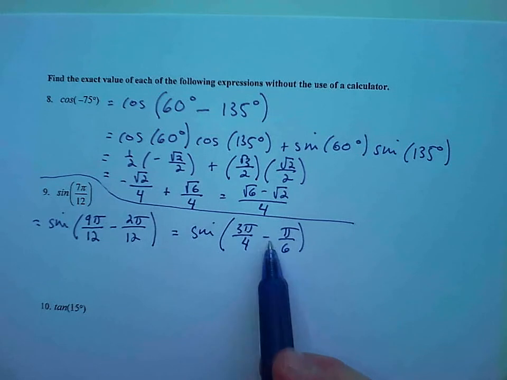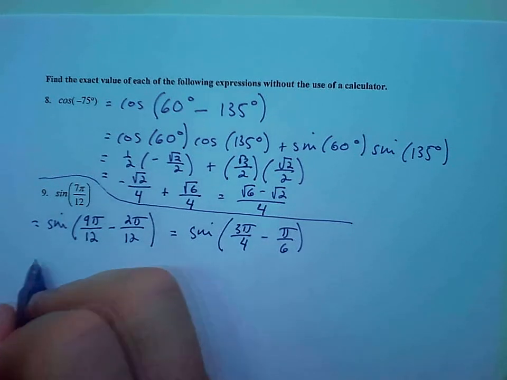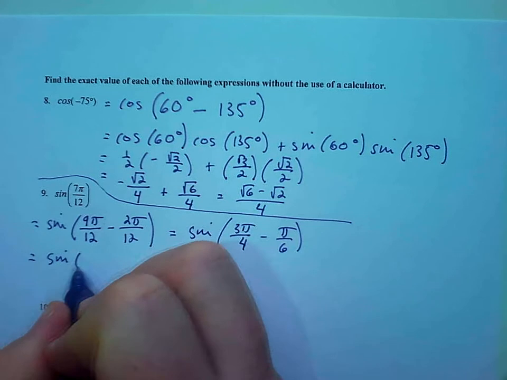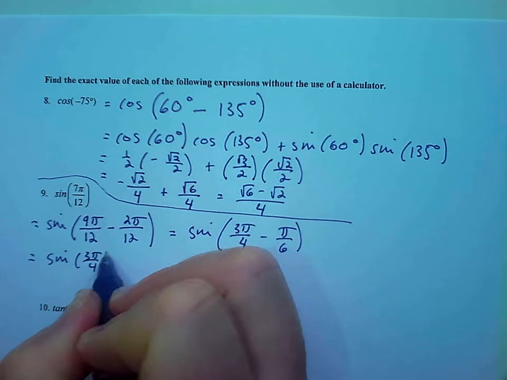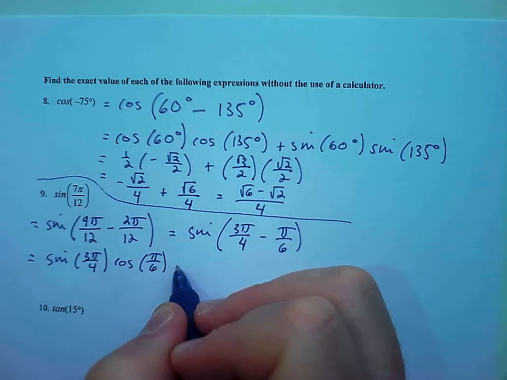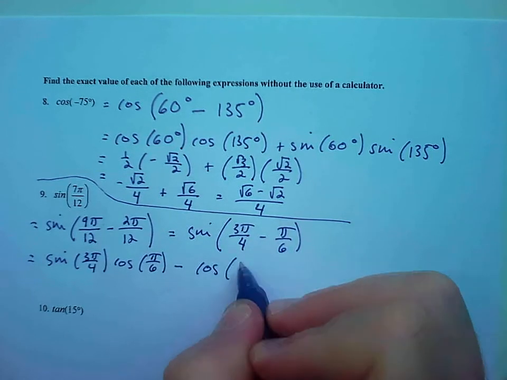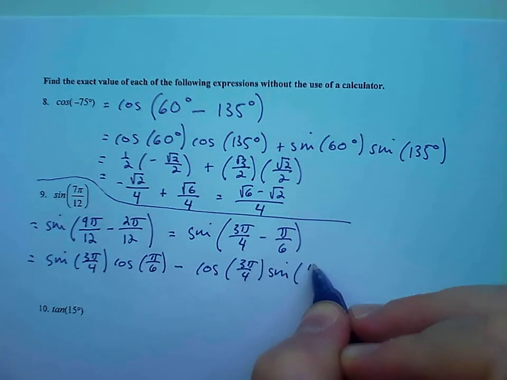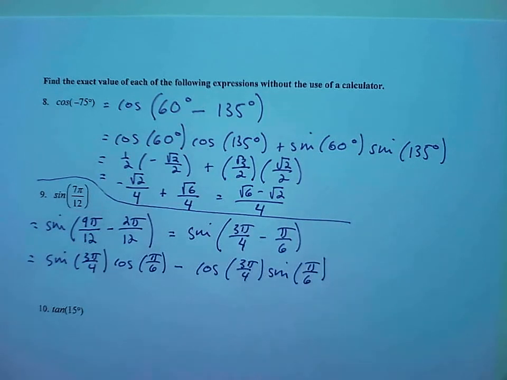Now we have the sine of the subtraction of these two angles, so this is going to come out to the sine of 3 pi over 4 times the cosine of pi over 6 minus the cosine of 3 pi over 4 times the sine of pi over 6.